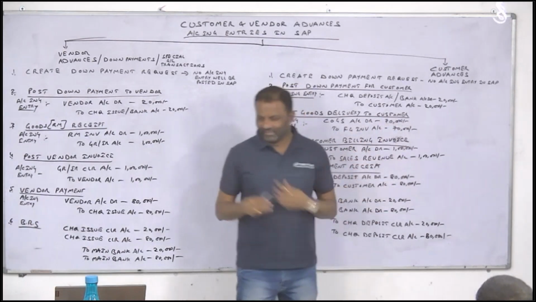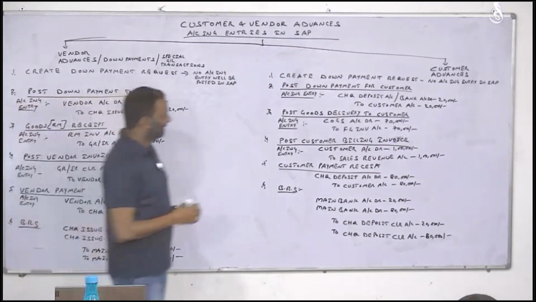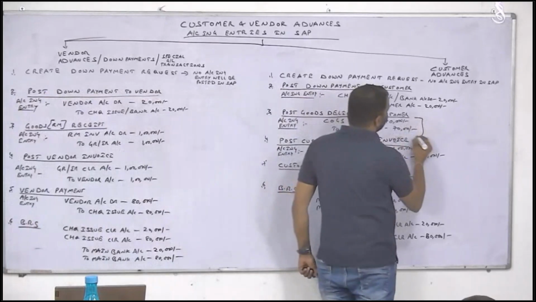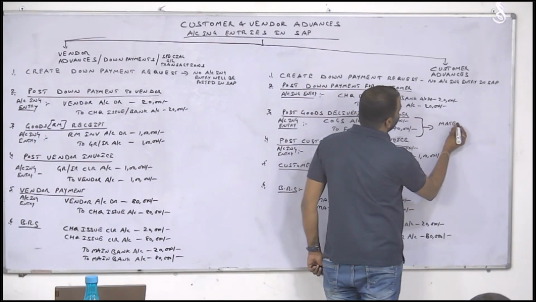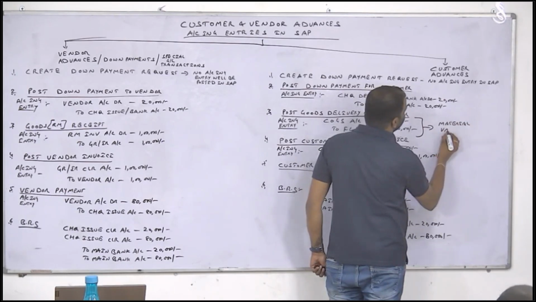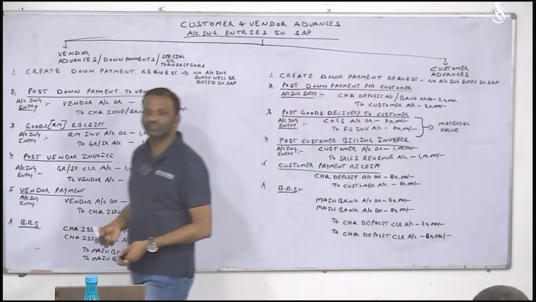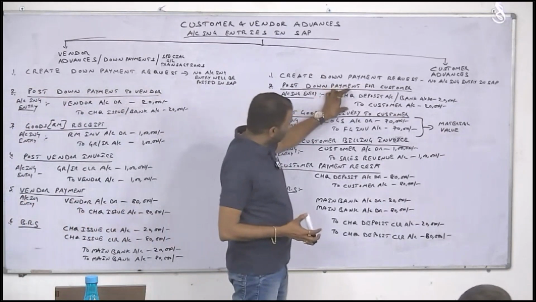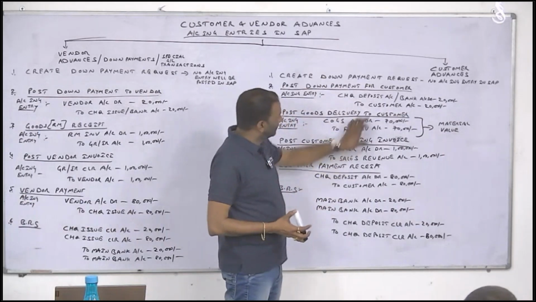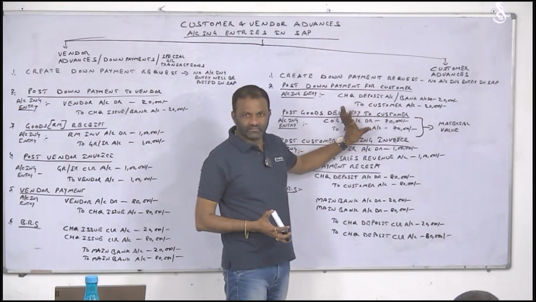This one, I simply say to you all, is the material value. How much value of material you are sending to the customer? But this entry is not at all related to that one.